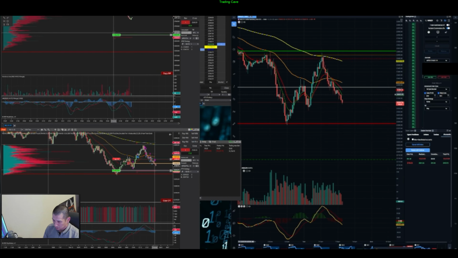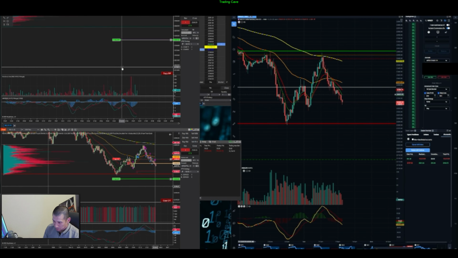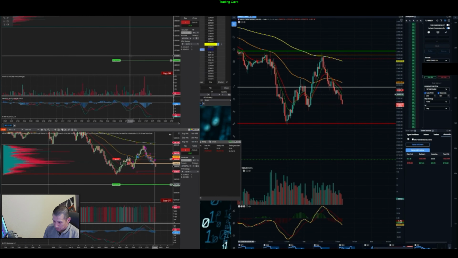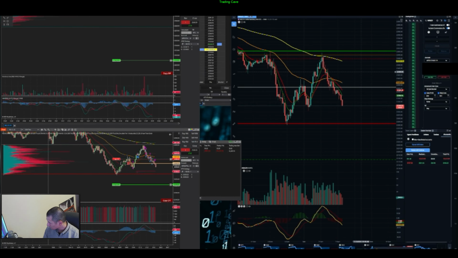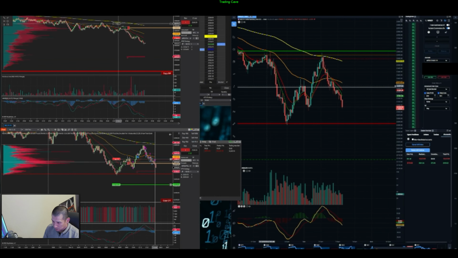We almost hit our 1.5 R point. Not quite yet, though. There we go, that's a nice little push. On NQ? Yeah. True, I'm very focused on gold right now.